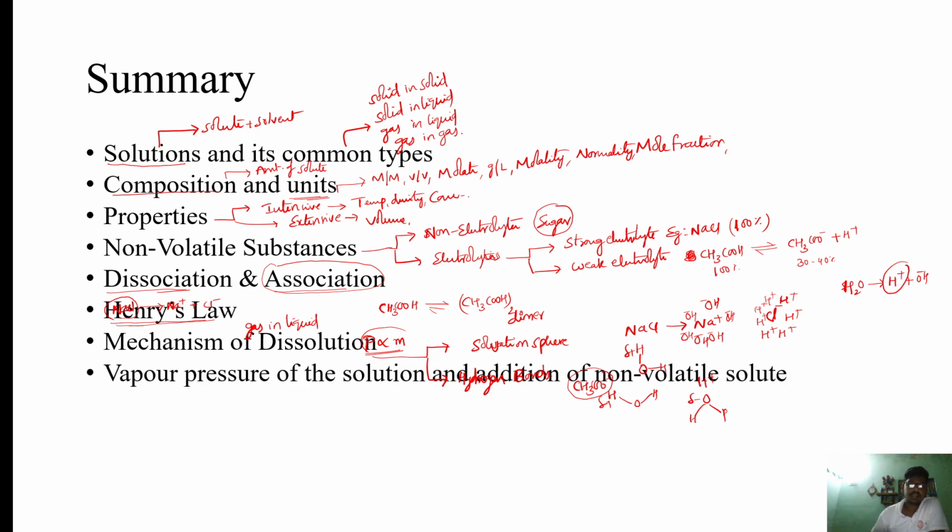And then we have studied the vapor pressure of the solution and the addition of a non-volatile solute. For vapor pressure, we studied the equilibrium concept, where an equilibrium is achieved. Suppose you have a liquid in a closed vessel at constant temperature.